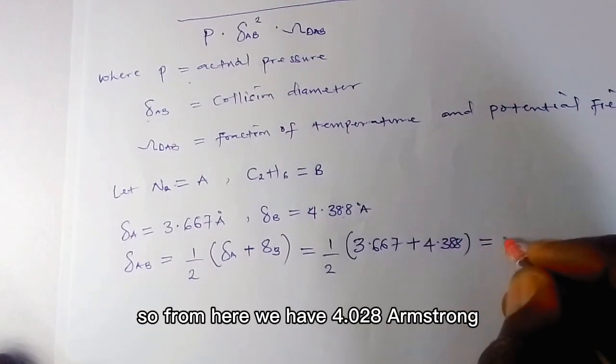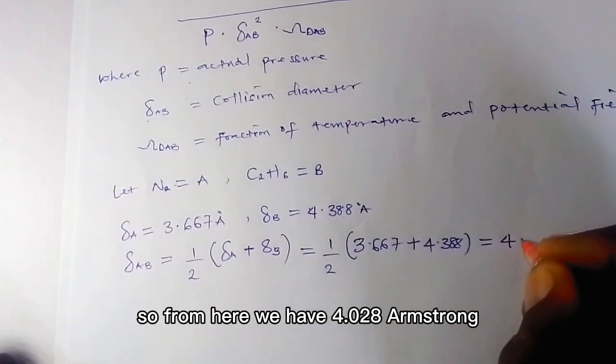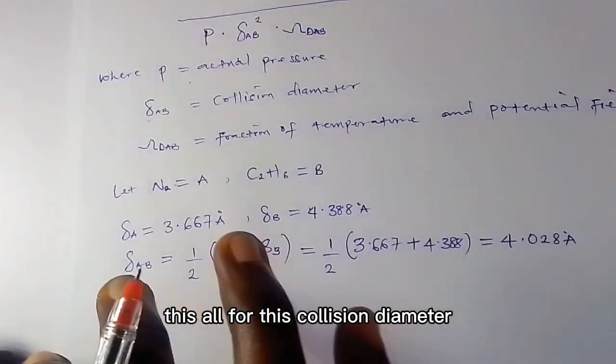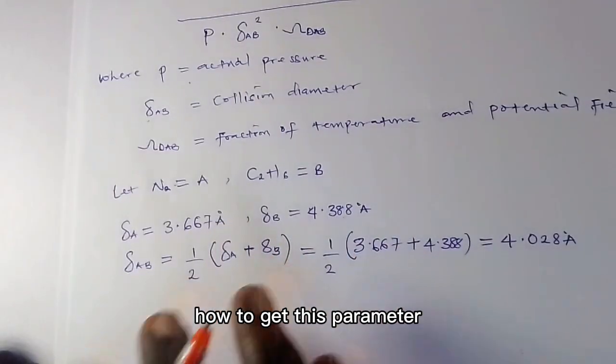So from here we have 4.028 Angstrom. That is all for the collision diameter.